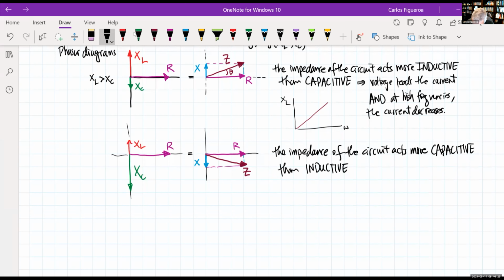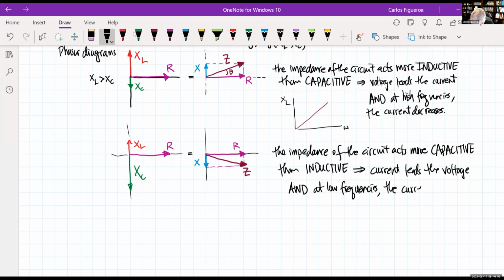And that tells us a couple of things right away. The current leads the voltage here. And if it leads the voltage, then that also implies that at low frequencies, the current will decrease.